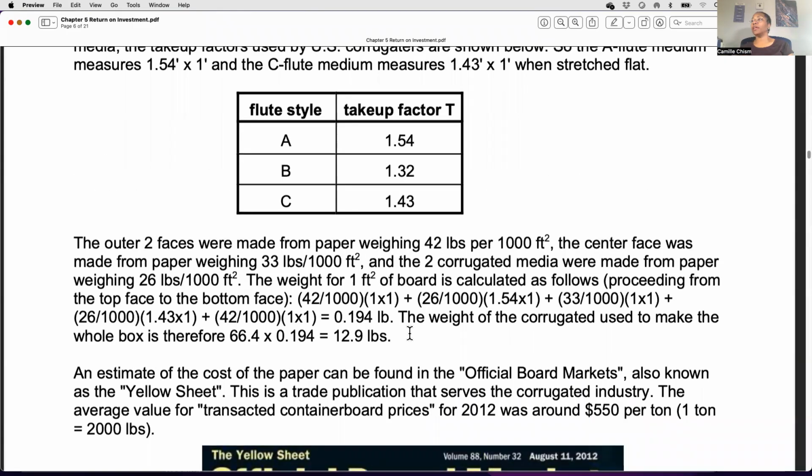And then once you divide, multiply, divide, multiply, and so on, you'll add those all together. You're going to get the 0.194 pounds. So the weight of your box is going to be 66.4 times 0.194. Okay, so the 0.194 is what you get when you've added all this together.